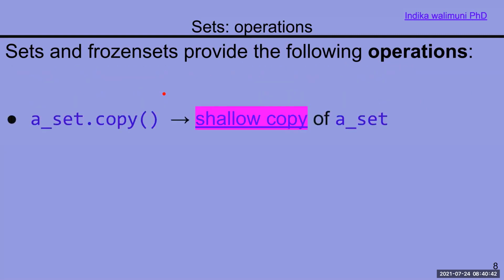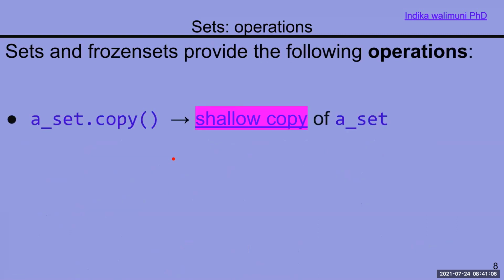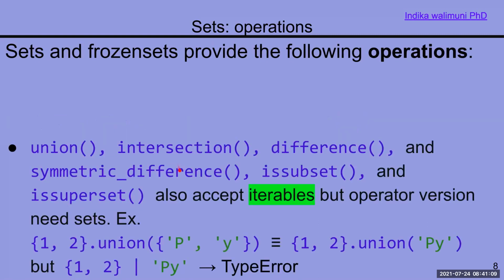You can use the copy function to create a shallow copy of the set. And these operations, union, intersection, difference, symmetric difference, is subset and is superset, and we didn't check is superset, you can do it by yourself, also accept iterables.